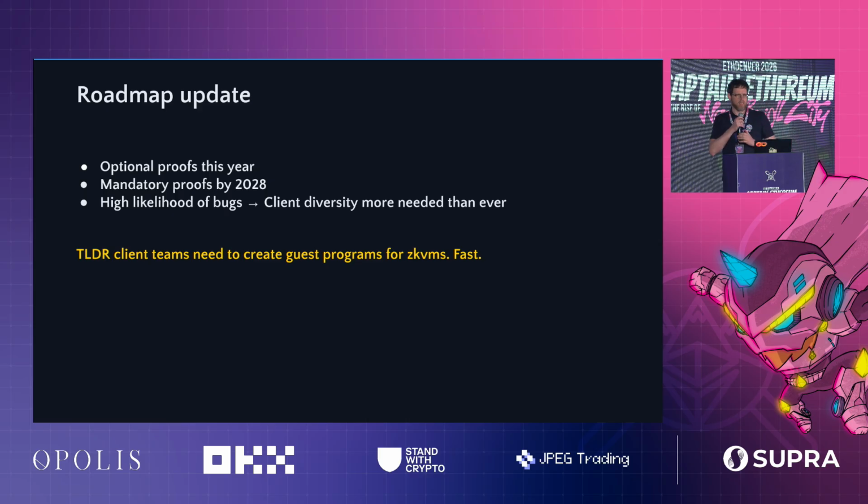I assume you watched Cody's talk. So, as a quick recap, we're going to put optional proofs in blocks, presumably this year. There's a roadmap that should have been published today or will be soon, and in the roadmap, proofs are required to be attached in blocks by 2028.